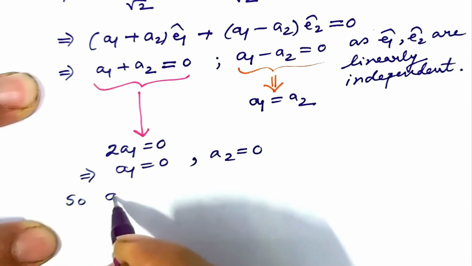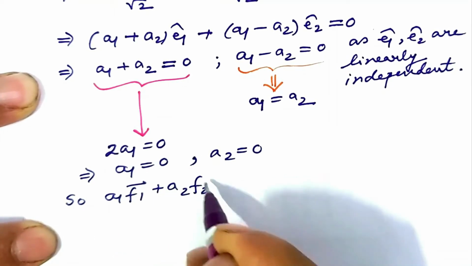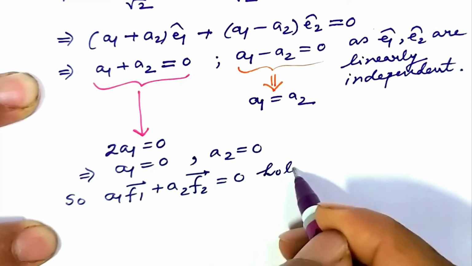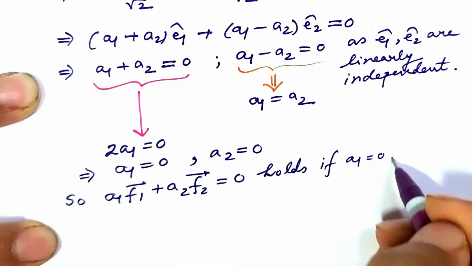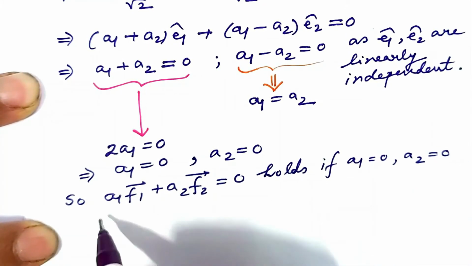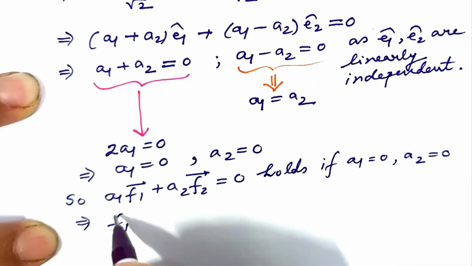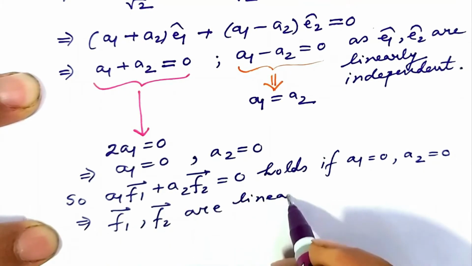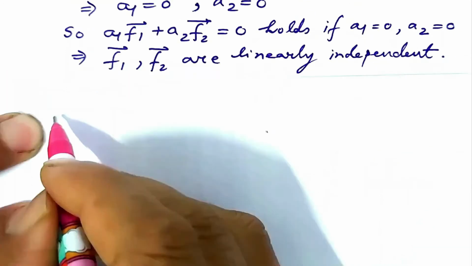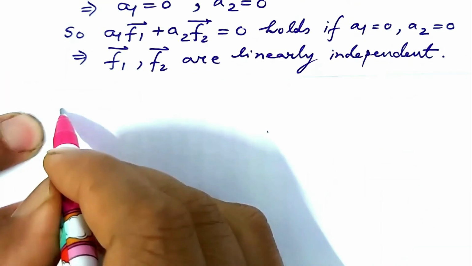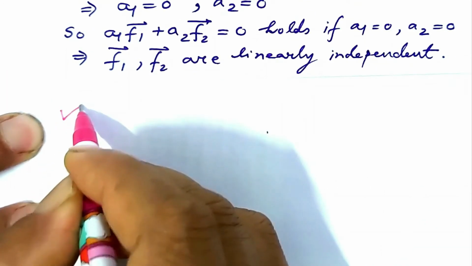So a1 into vector f1 plus a2 into vector f2 equal to 0 holds only if a1 equal to 0, a2 equal to 0. This implies that vector f1 and vector f2 are linearly independent. The first criteria for vector f1, vector f2 to be basis vectors is satisfied.